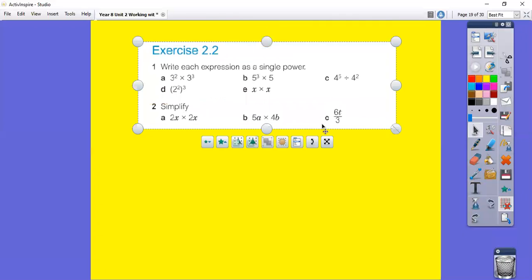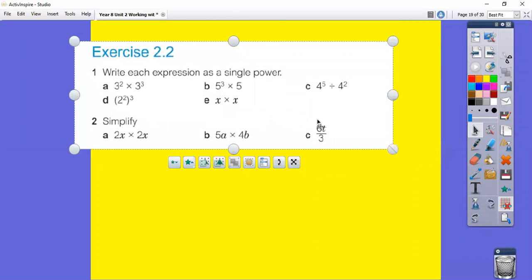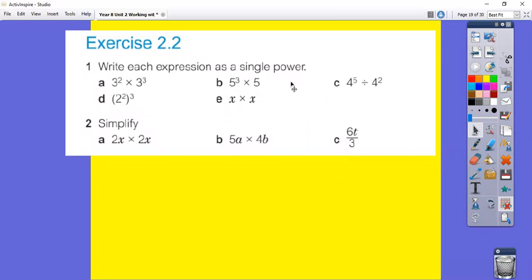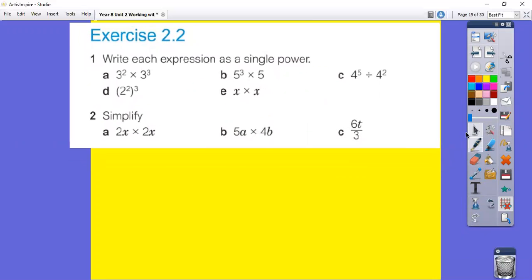So moving on, we have these questions with exercise 2.2. Write each expression as a single power. If I do the first question with you, question 1a, we've got 3 squared times 3 cubed. Remember, when you're multiplying two numbers with the same base, we add the powers.